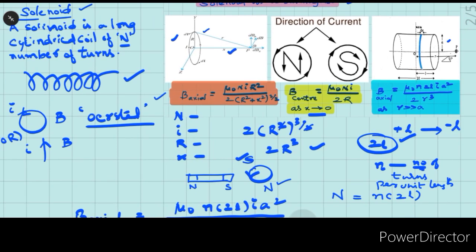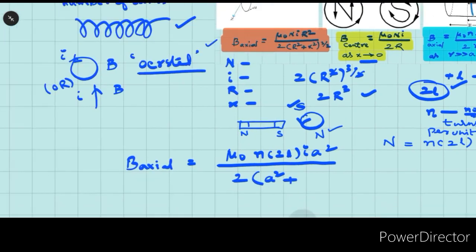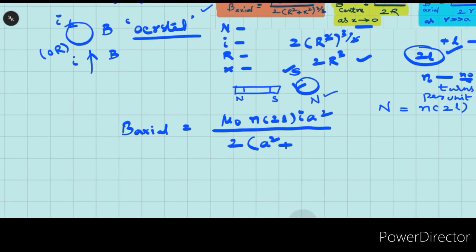In this case R is the axial distance, so we can replace with R whole to the power of 3 by 2.